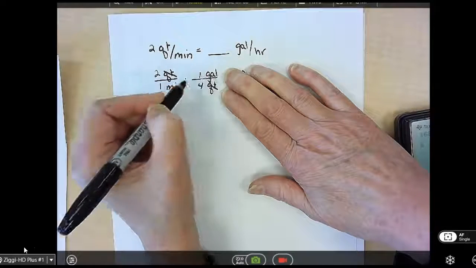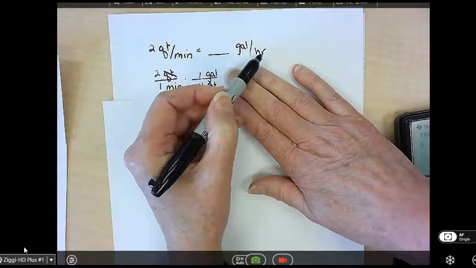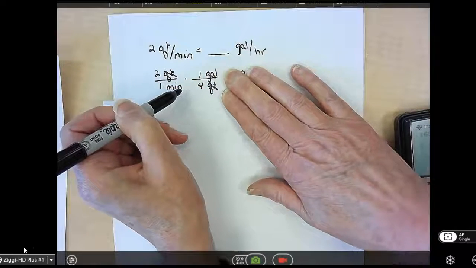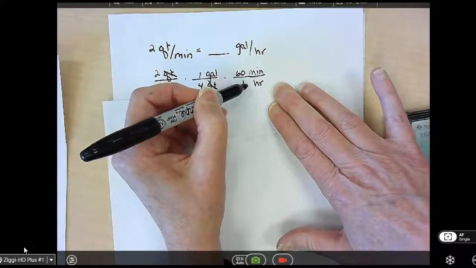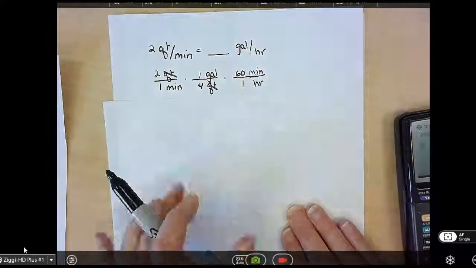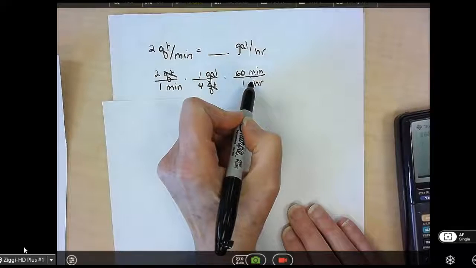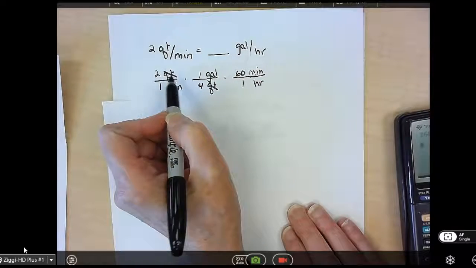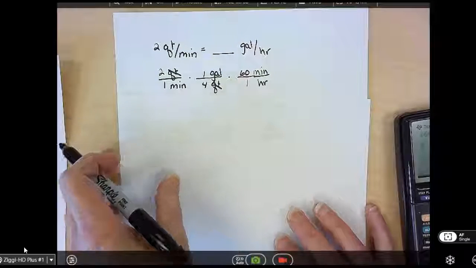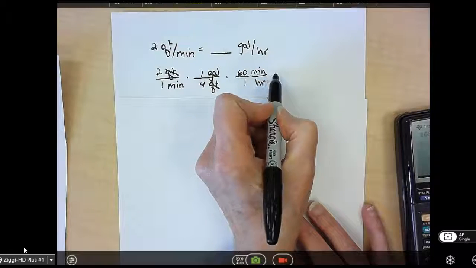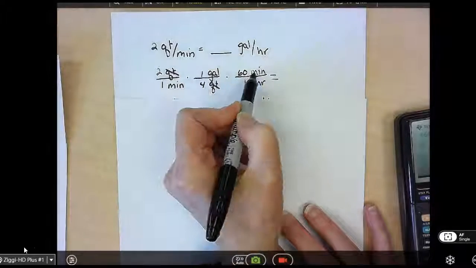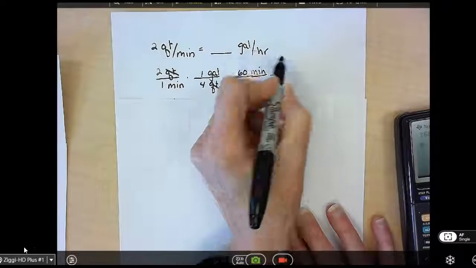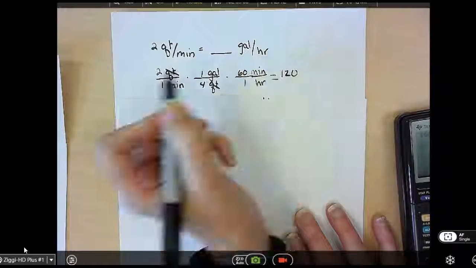But that's gallons per minute, and I want gallons per hour. So minutes I have to cancel. So I want minutes per hour, and there's 60 minutes to every 1 hour. So you can use more than one unit rate to help you convert from one unit to another. So when I multiply straight across, I get 2 times 60, which is 120.